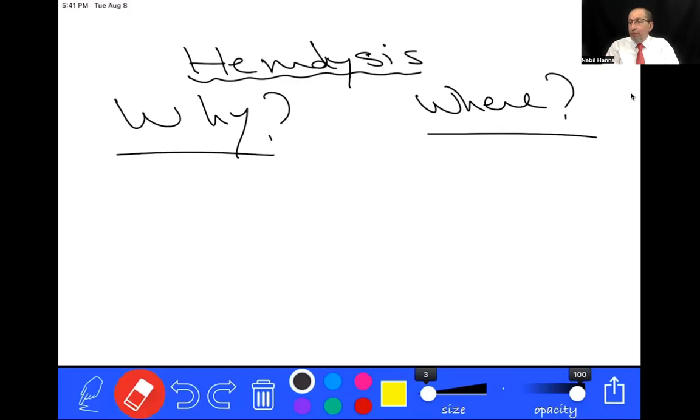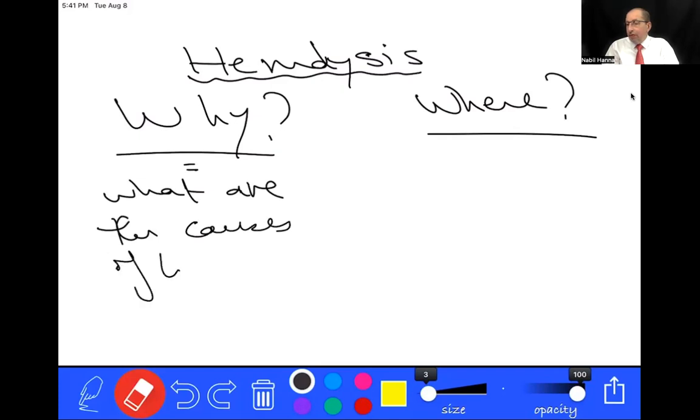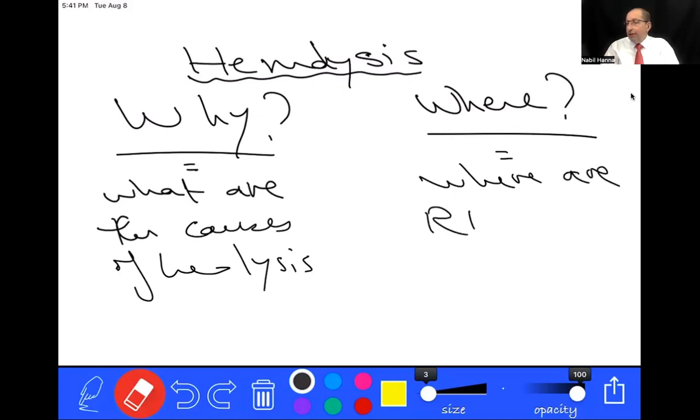These are the two major questions. Why also means what are the causes of hemolysis? And where means where do red blood cells hemolyze?